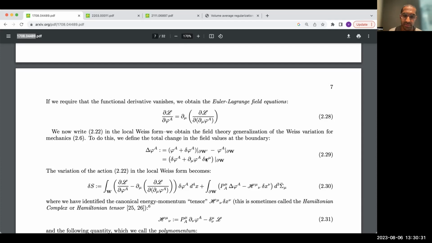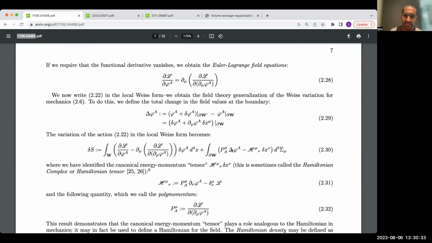Cool. So in so doing, what we get is the following structure, which, again, much like how it worked in the mechanics case, reveals to us the Hamiltonian, but really what we're getting is this tensorial structure here, because you see we're varying the embedding fields.